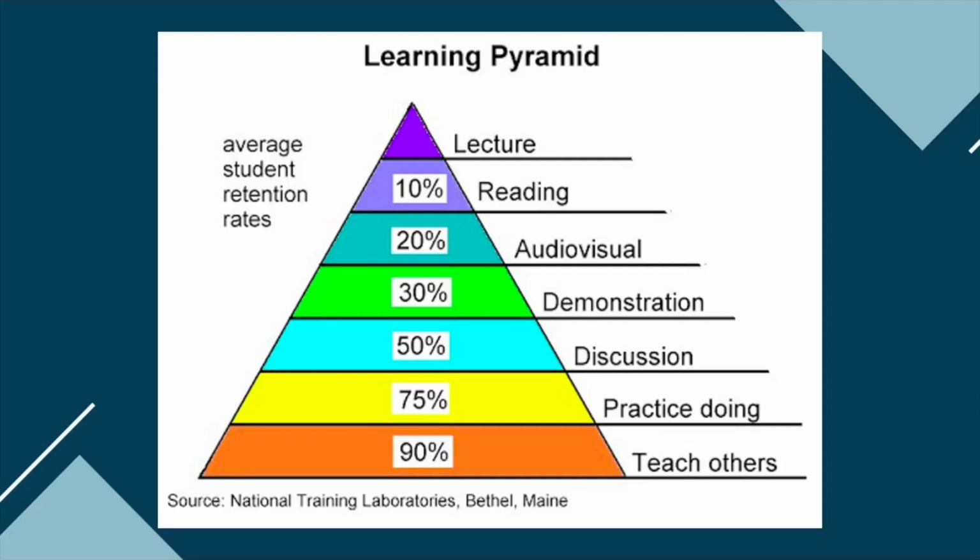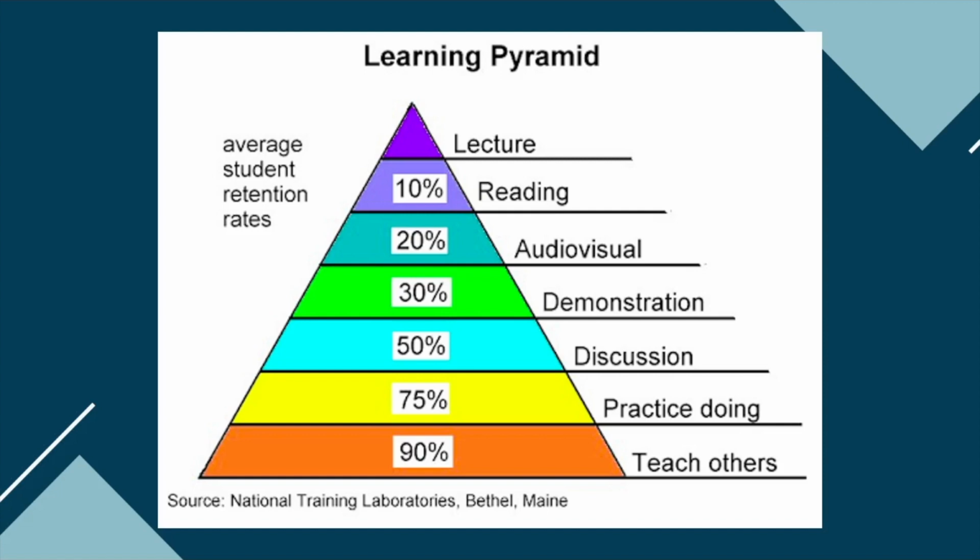Study shows that varying your study methods and materials will improve your retention and recall of information and enhance your learning experience. The learning pyramid, sometimes referred to as the cone of learning, developed by the National Training Laboratory, suggests that most students only remember about 10% of what they read from textbook, but retain nearly 90% of what they learned through teaching others.